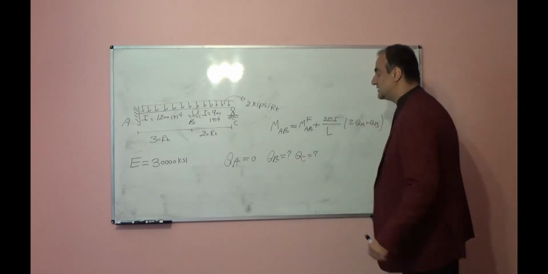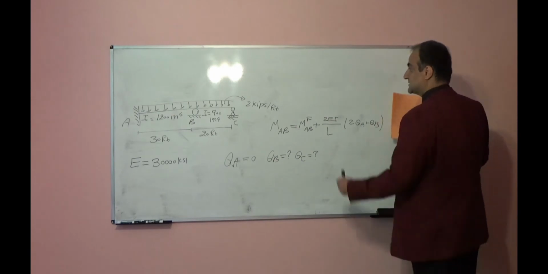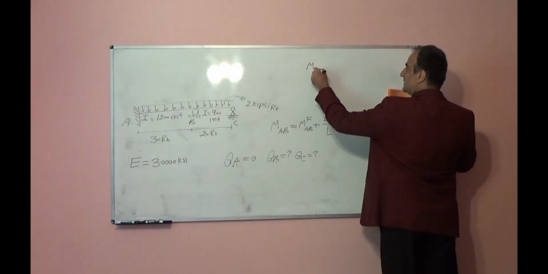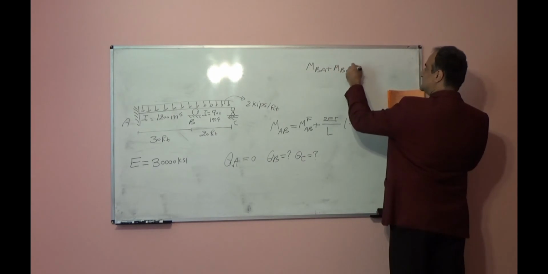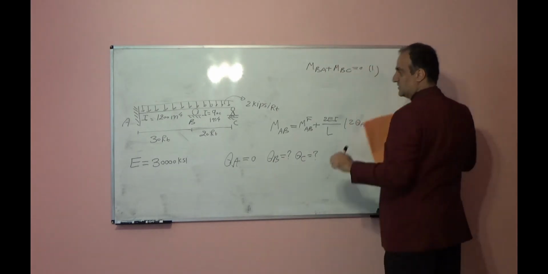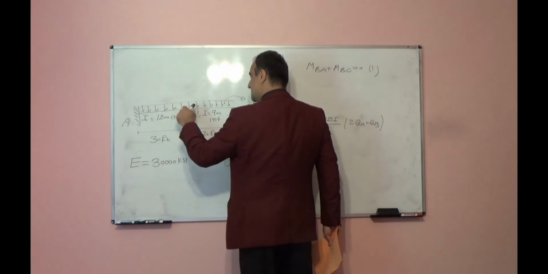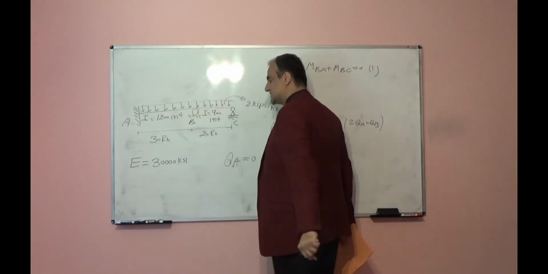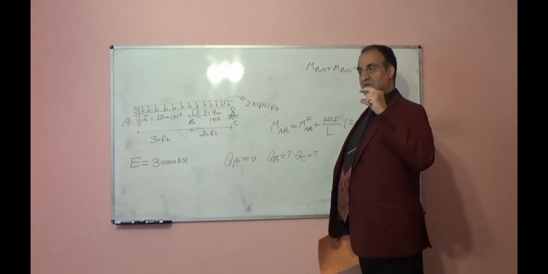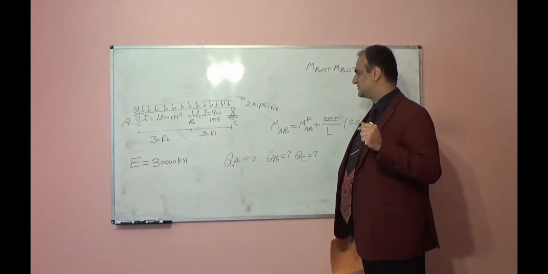So you will need 2 equilibrium equations. One of them will be MBA plus MBC is equal to 0. Because this is a continuous beam, MBA plus MBC should be equal to 0, because that joint should be in equilibrium.